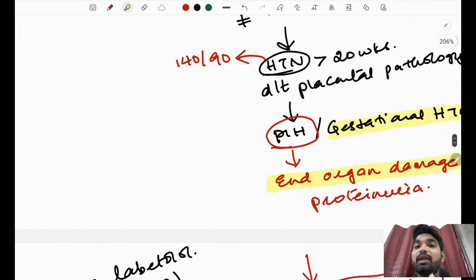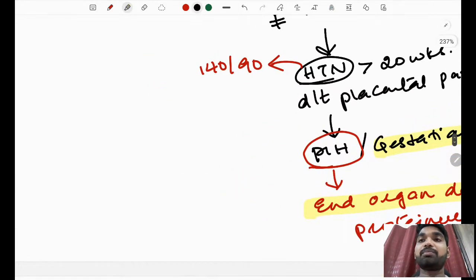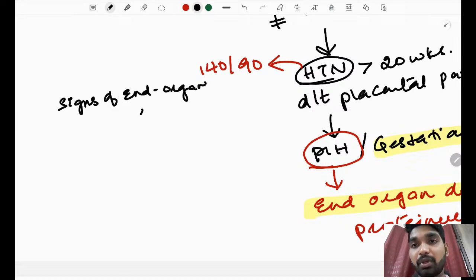Quickly go there and write it down somewhere, just beside this MCQ. Signs of end organ damage.